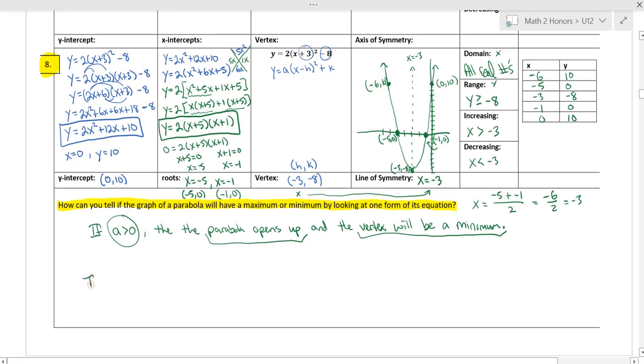If a is negative, and again, you can see a in all three forms. Like on number 8, if we look at the standard form, a is 2 because you have 2x squared. If you look at factored form, you can see a is your leading term here, 2.